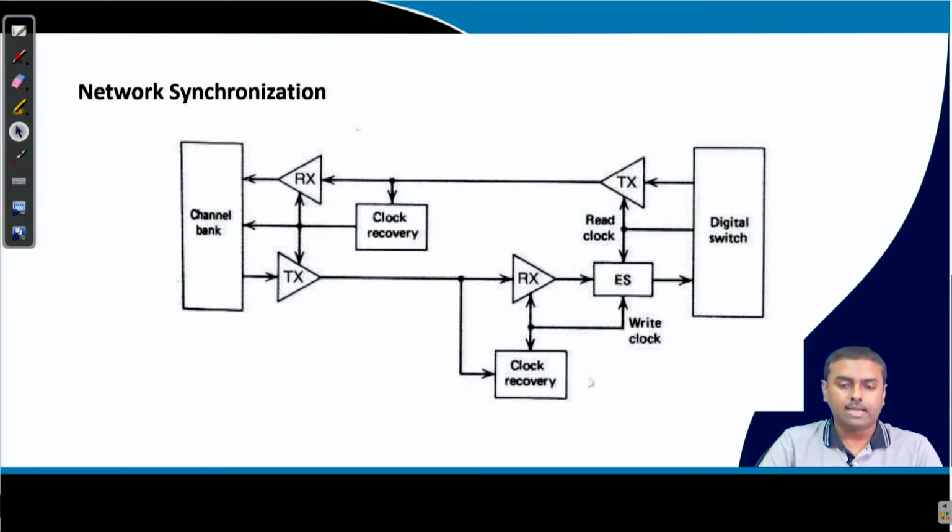So, we have to do something at the input of the switch. That is where we started discussing this elastic store. We will go into deep discussion of its circuit.